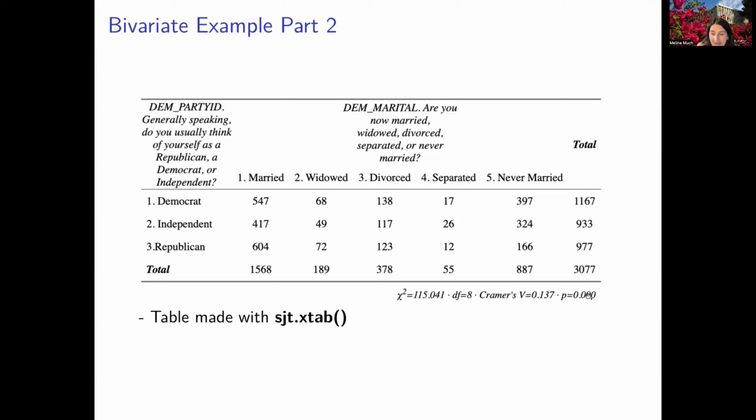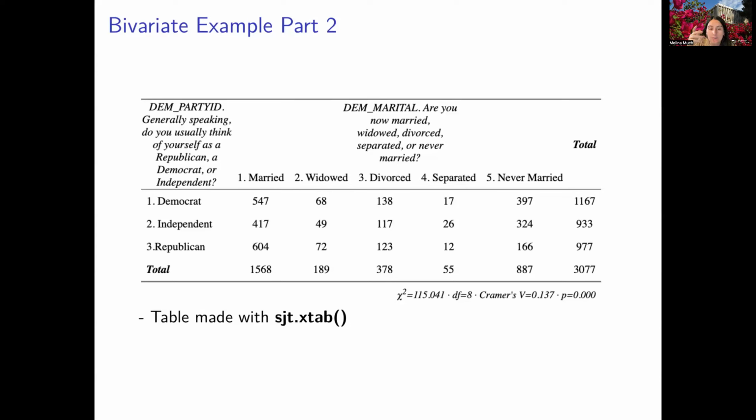So we can tell that there's a non-random difference between the frequencies of people in different marital statuses by partisanship, which is substantively interesting, right? Substantively interesting just means that there's an interesting political phenomenon happening here.